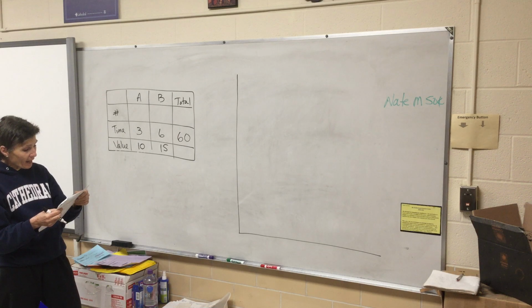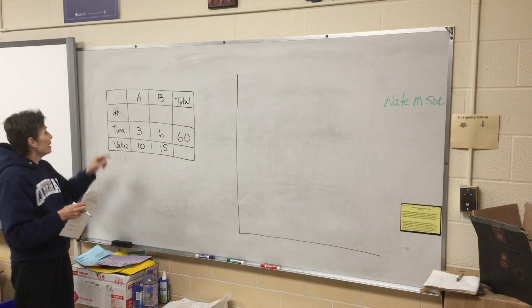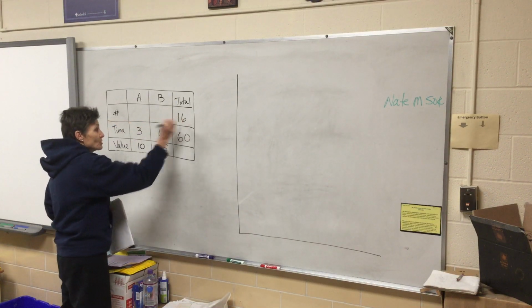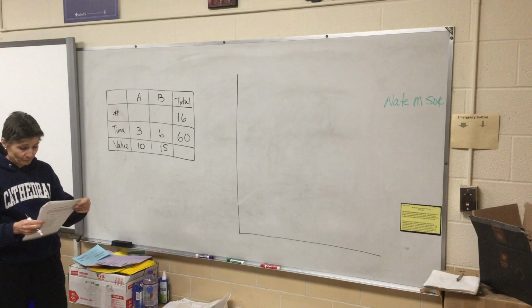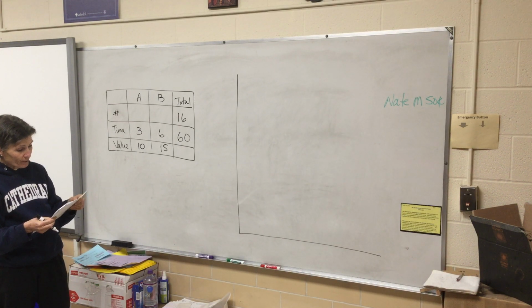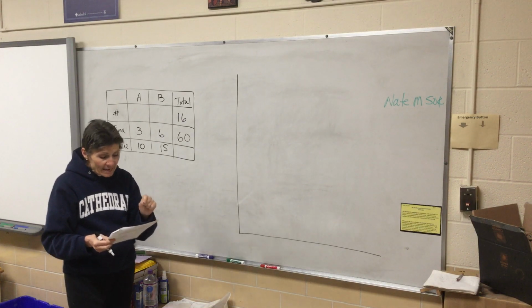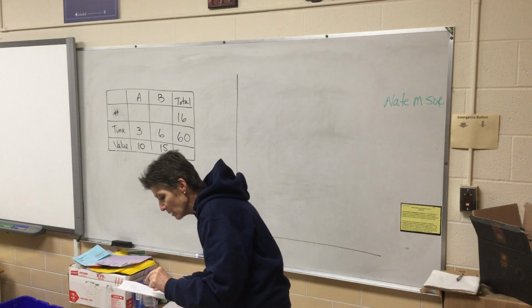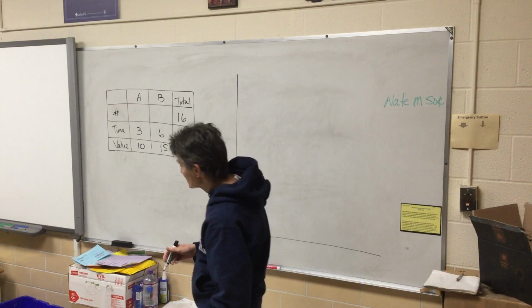And you may not answer more than 16 questions. So the total number of questions that you can answer is 16. Assuming all of your answers are correct, how many items of each type should you answer to get the best score?